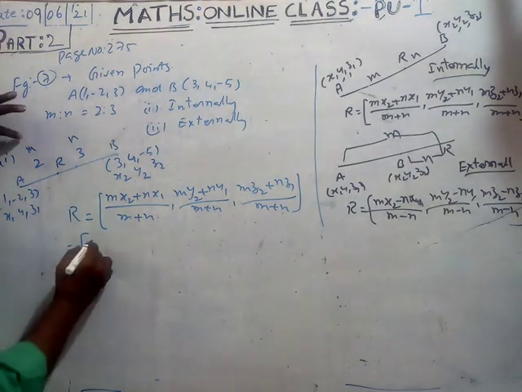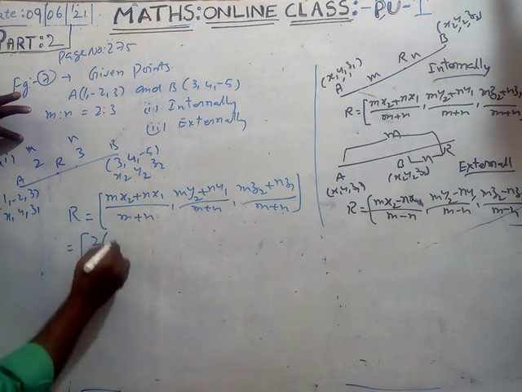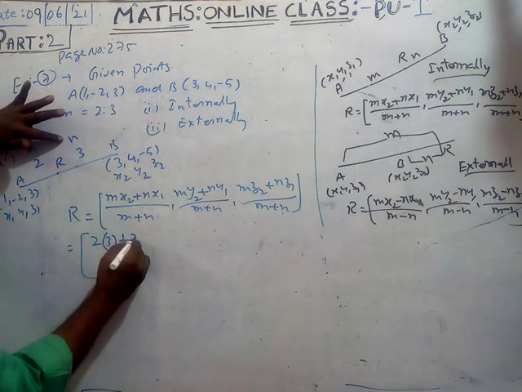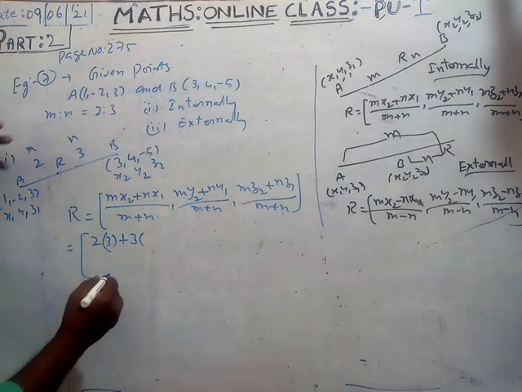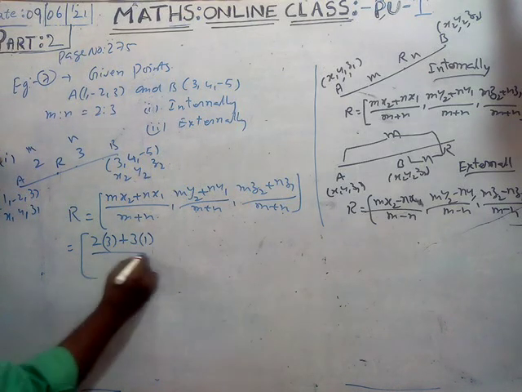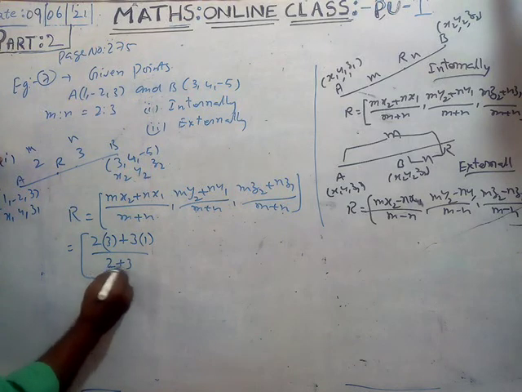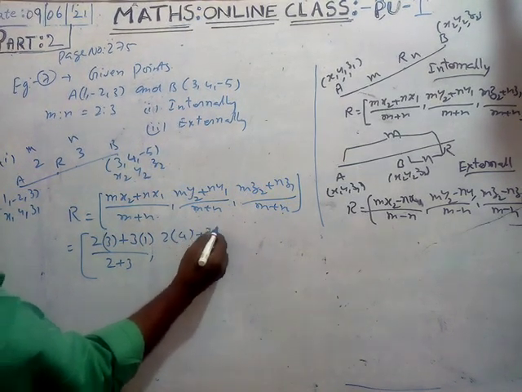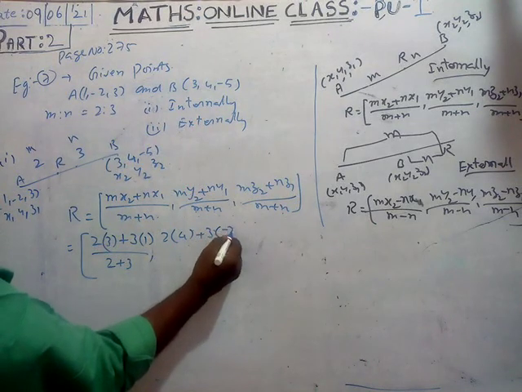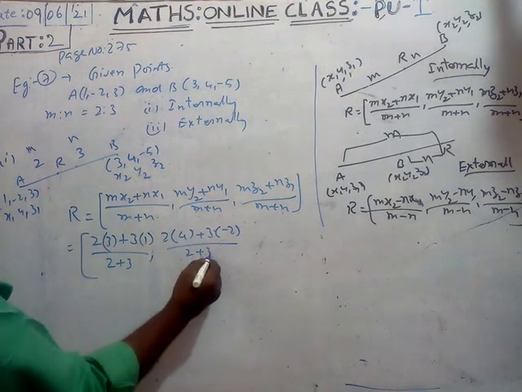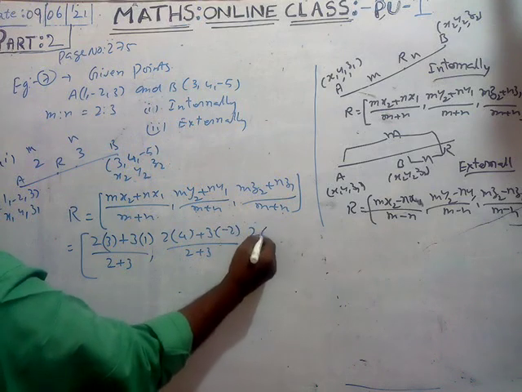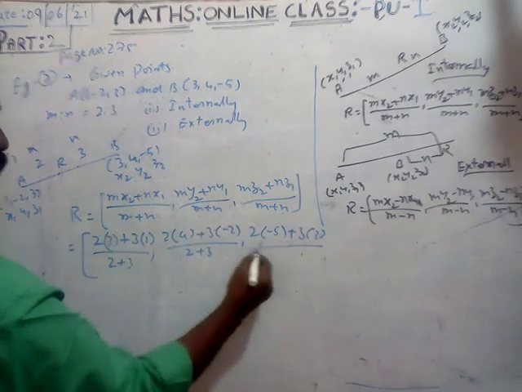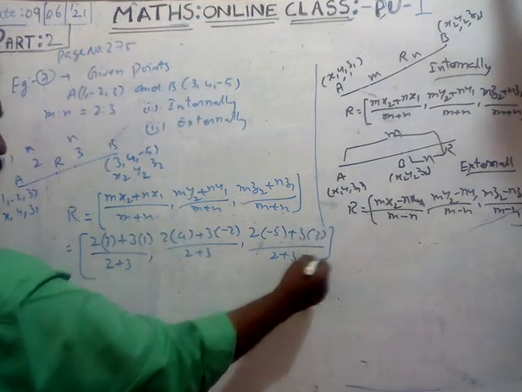Here m is 2, x2 is 3, n is 3, x1 is 1, so (2 into 3 plus 3 into 1) by (2 plus 3). Similarly (2 into 4 plus 3 into minus 2) by (2 plus 3). Similarly (2 into minus 5 plus 3 into 3) by (2 plus 3).